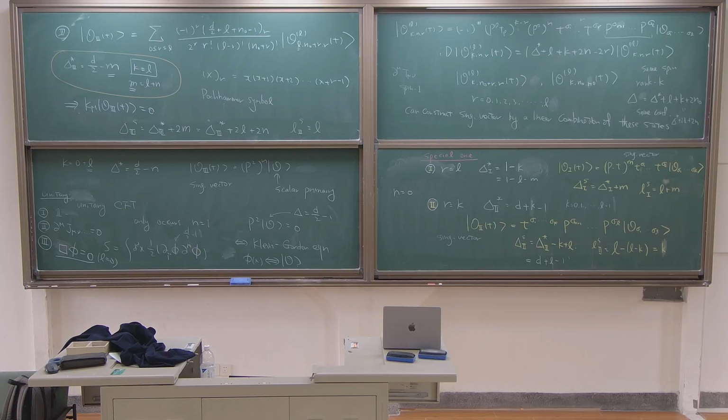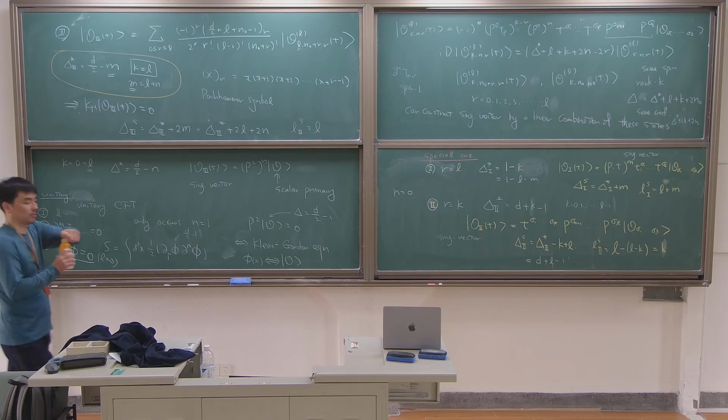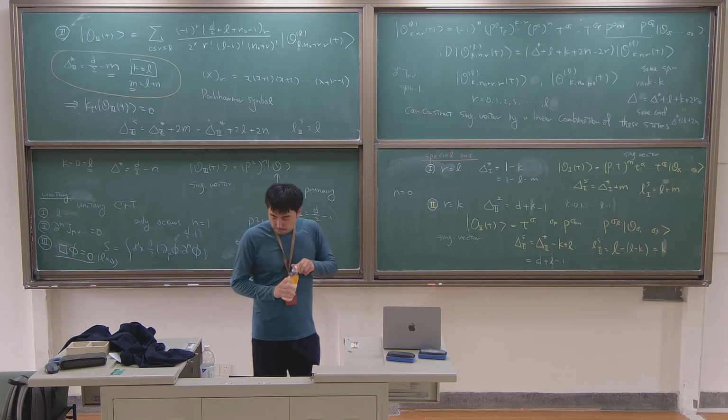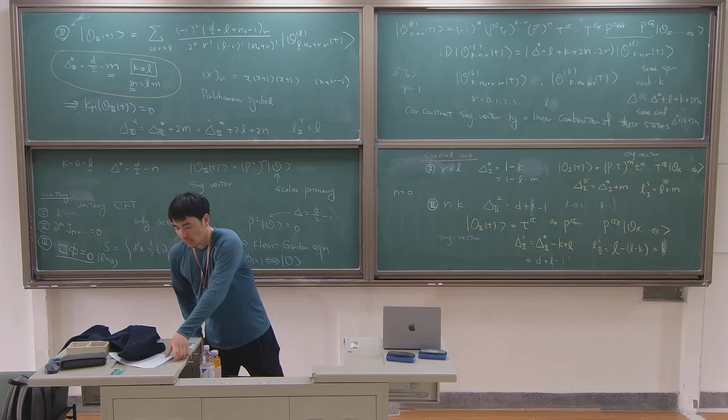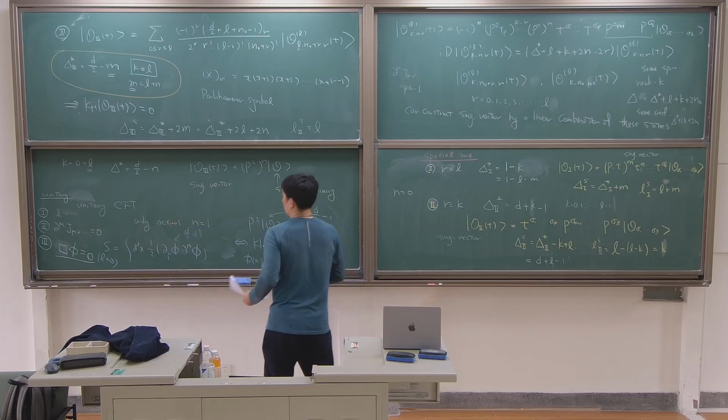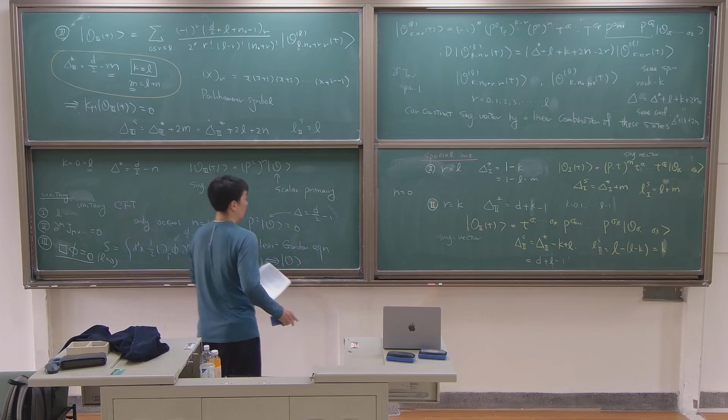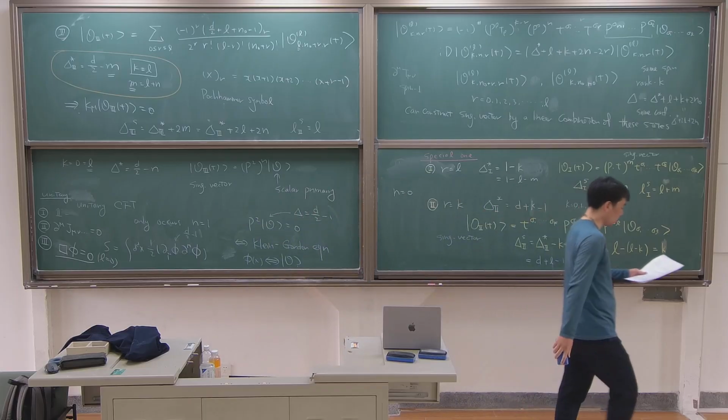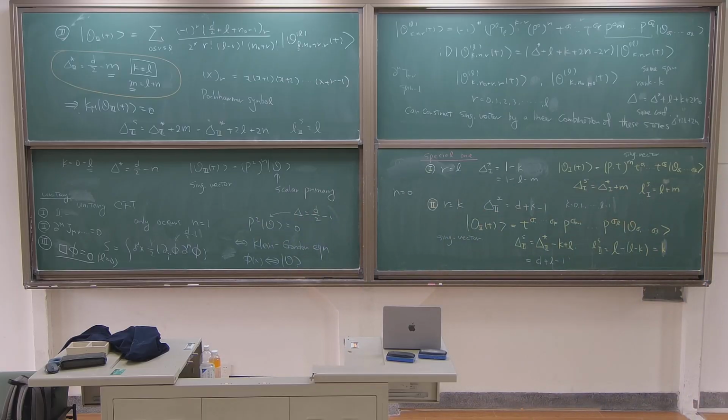Okay, let's get started. So those descendants on senior vector will play an important role when we call the conformal block and so on.